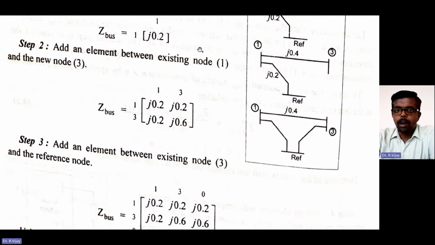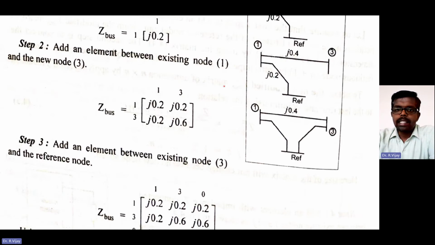You need to make an L type always. Whatever the values in the rows, you need to copy the same thing here. And here also the column, you need to copy the same. So you need to remember that.